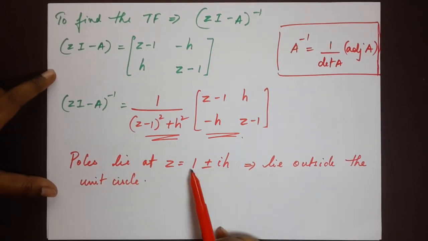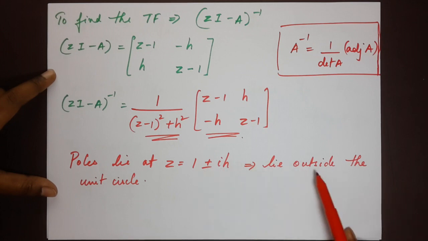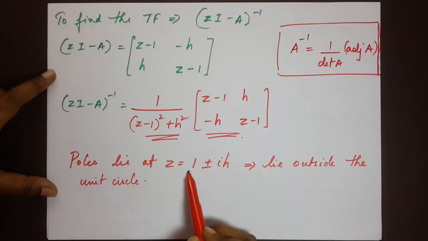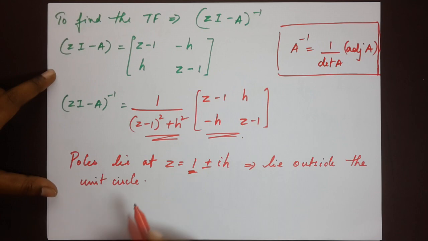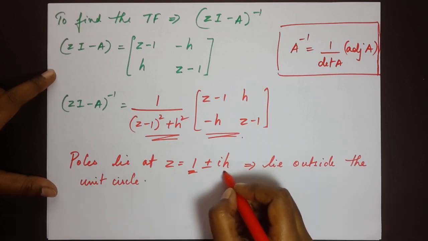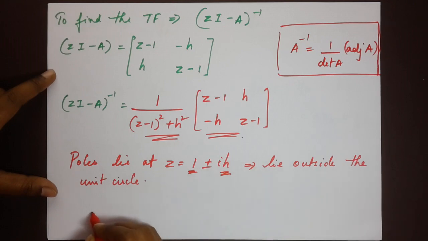It is plus or minus ih, right? 1 plus or minus ih. So it lies outside the unit circle of radius 1. So if it lies outside the unit circle for various values of h, then it denotes that the system is unstable.